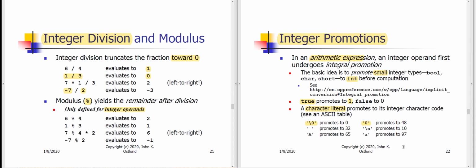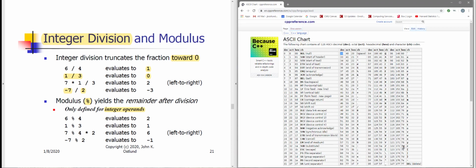Let's flip back to our ASCII chart to confirm that. Okay, so here is the so-called null character whose decimal value is 0. The 0 character, on the other hand, in the ASCII character set, has a decimal value of 48. So it's very important to keep those two distinct from each other.